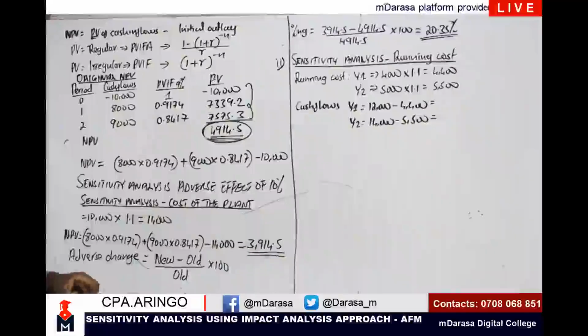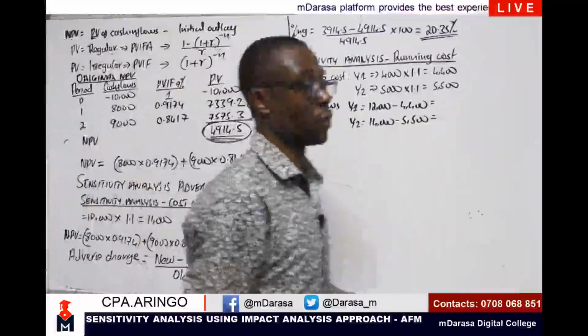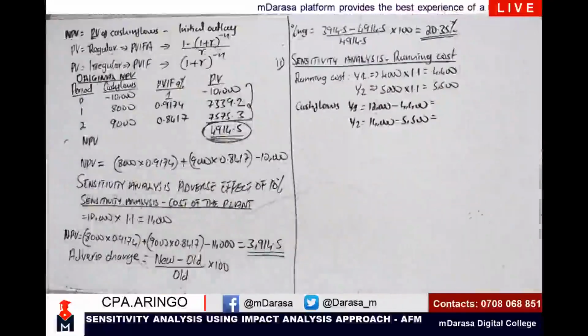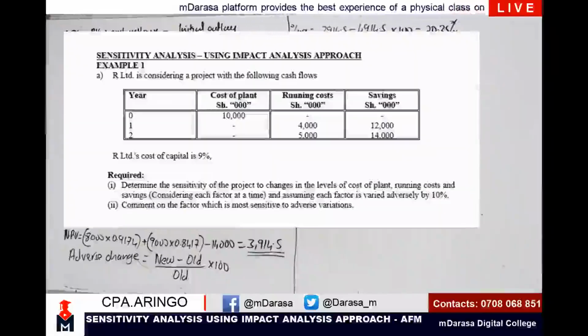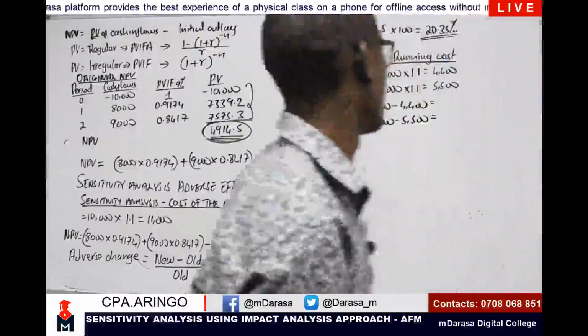Believing that that is what you are given. If we check this question of ours, that is what you are given. Look at that case, the savings, we had 12,000 year one, and year two, 14,000.